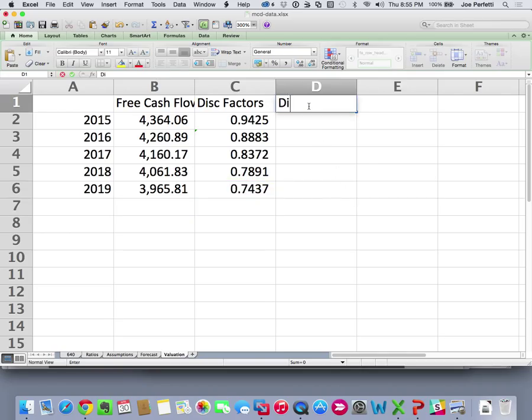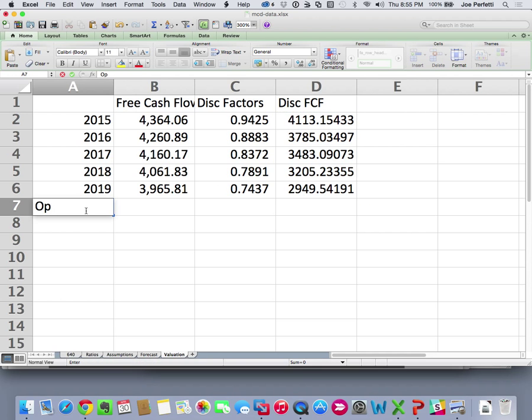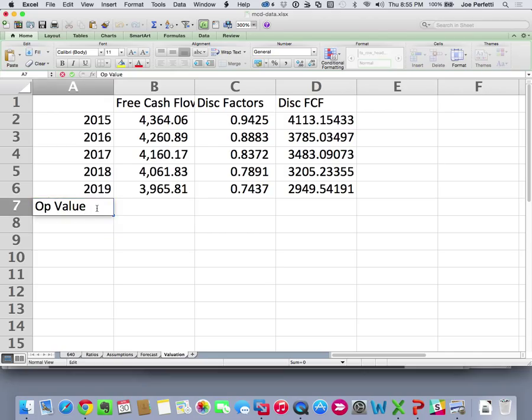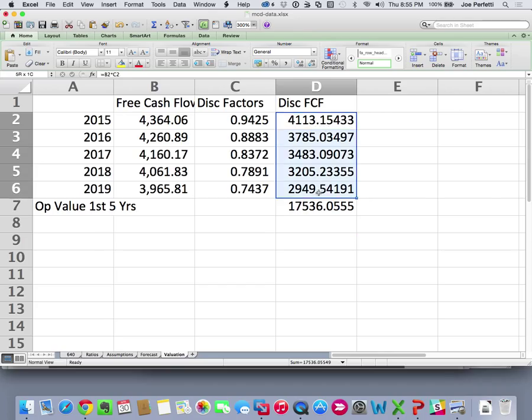So my discounted free cash flow equals the free cash flow times the discount factor, which gives me a present value. So the operating value of McDonald's in the first 5 years is 17 billion and change.